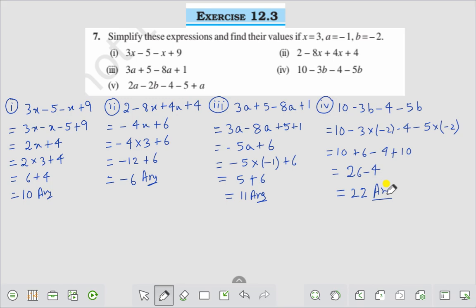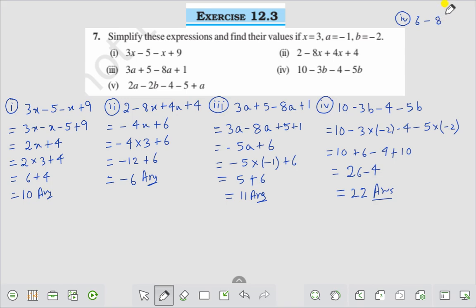Now you can directly put the value of b here, or you can simplify it and then find the value. You can do it in that method also. That is 10 minus 4 is 6, minus 5b minus 3b, minus 8b.